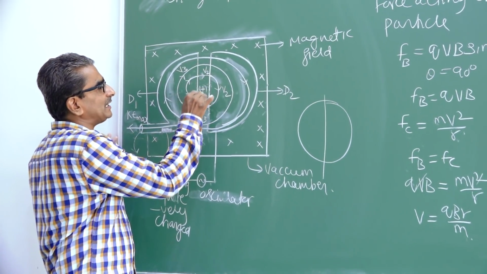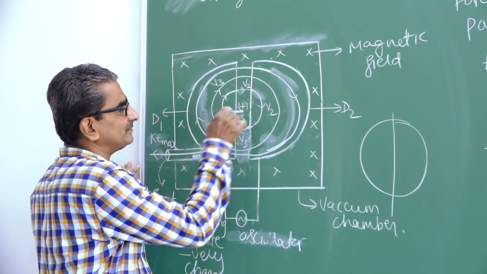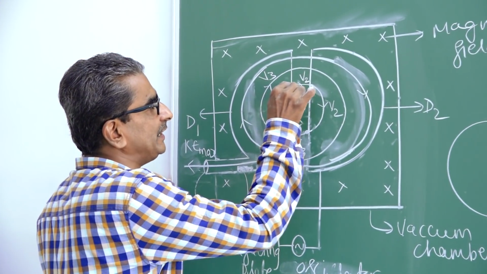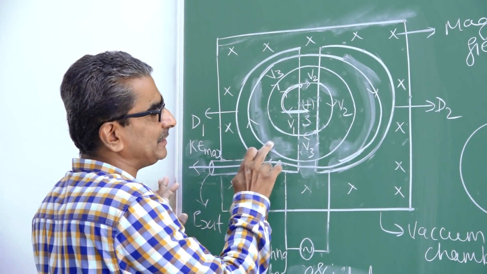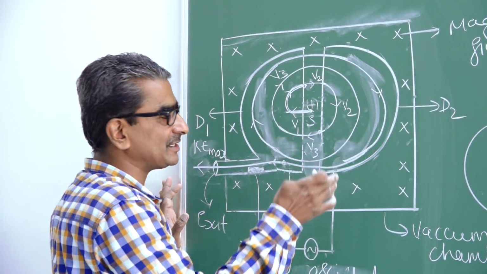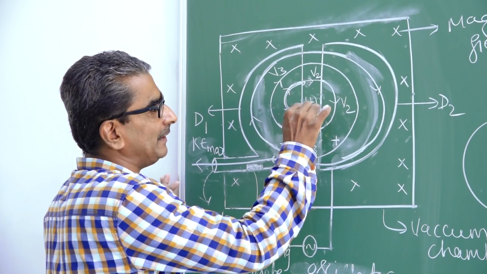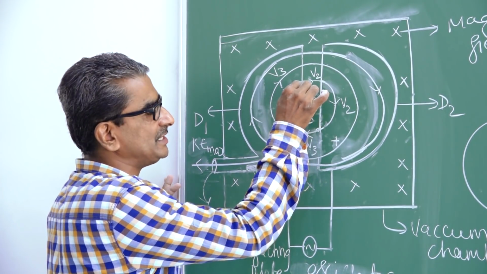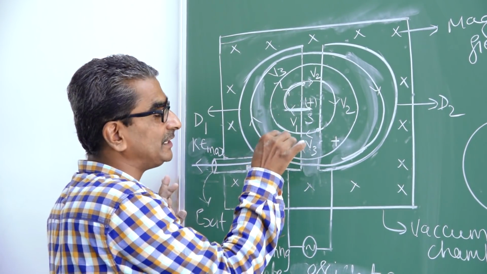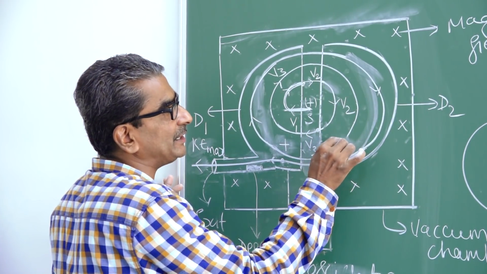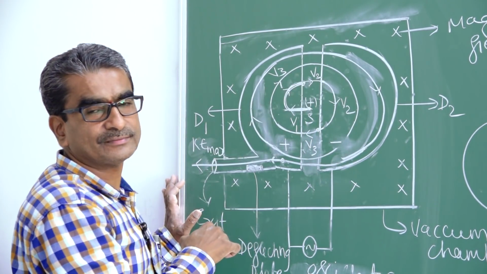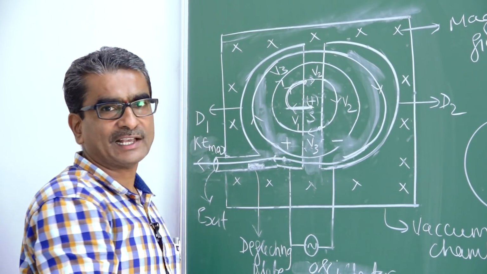Now by the time it comes out of this D, the polarity of the two Ds should get reversed. Initially if this D is negative and this D is positive, then by the time the particle comes out of this D, this should become positive and this D should become negative. How is it achieved? How can we perform this action?